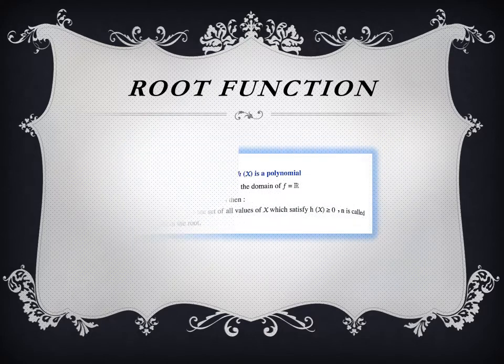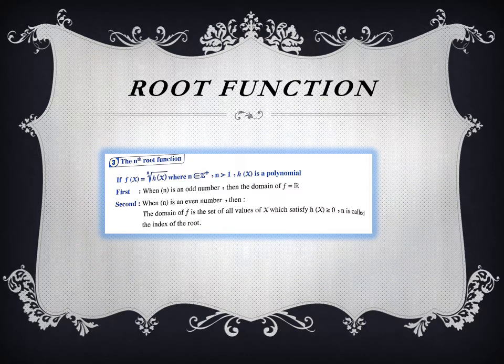Okay, now let's go to the root functions. There are two types of root functions. The first type, when n is an even number, like the square root, the fourth root, the sixth root, then the domain of the function is any number greater than or equal to 0.